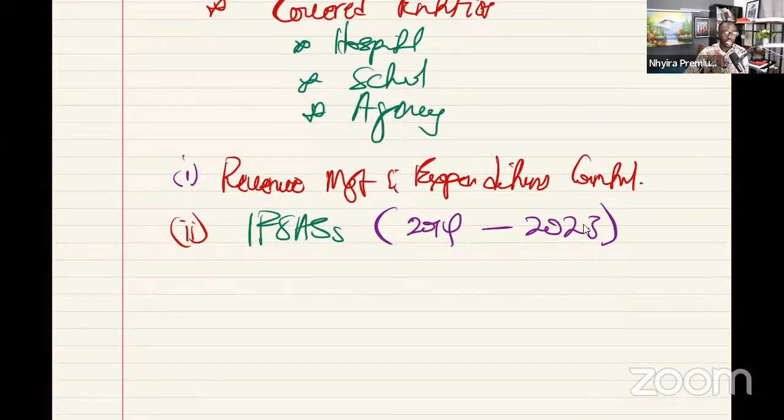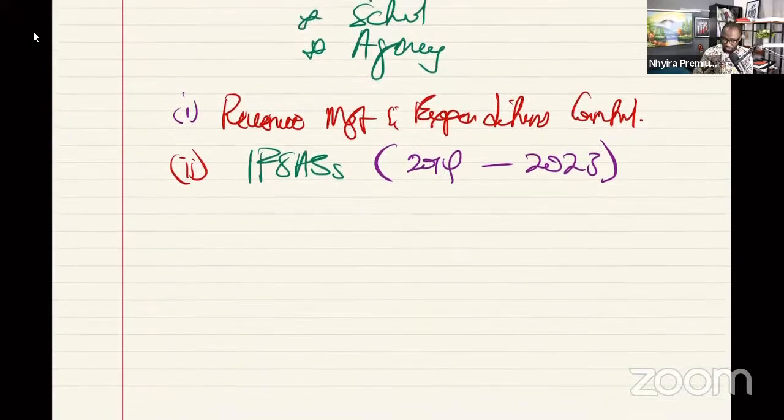All right. So that is the hope. I don't know because of the COVID, if really they will push through or it has been totally implemented, but that is the idea. Now, the IPSAS are also critical for us to be able to increase our chances of preparing the financial statements and getting maximum marks at the end of the day.